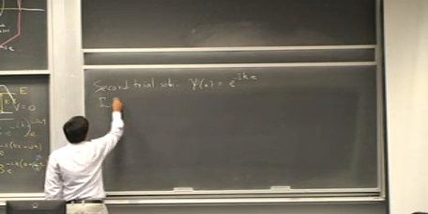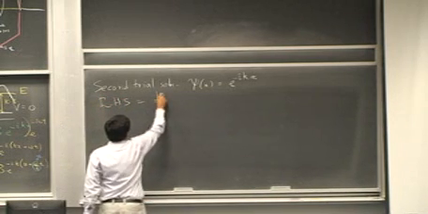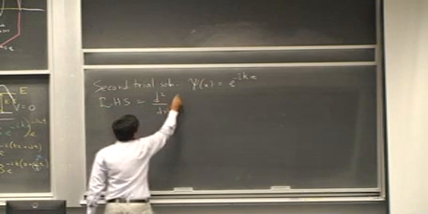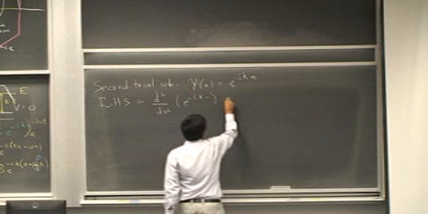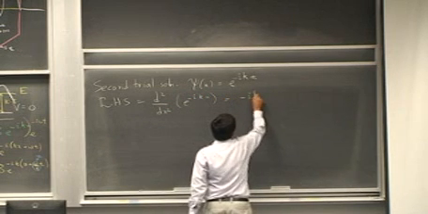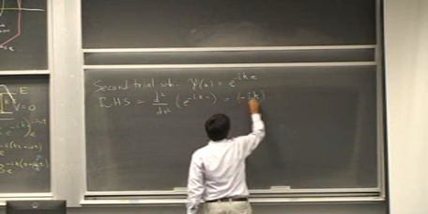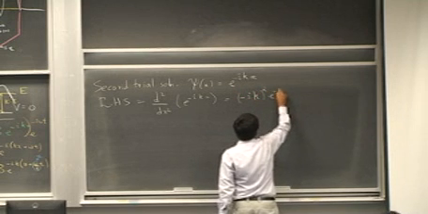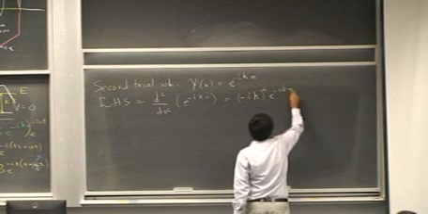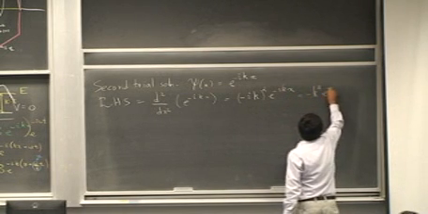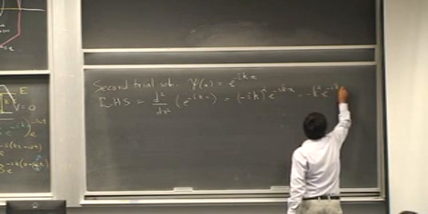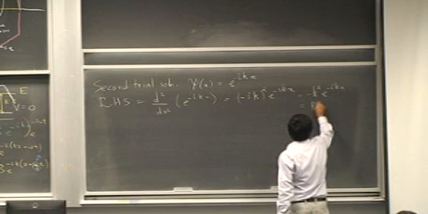The left hand side equals d squared dx squared of e^(-ikx). I get minus ik squared e^(-ikx), and this again gives me minus k squared e^(-ikx), which is equal to the right hand side.